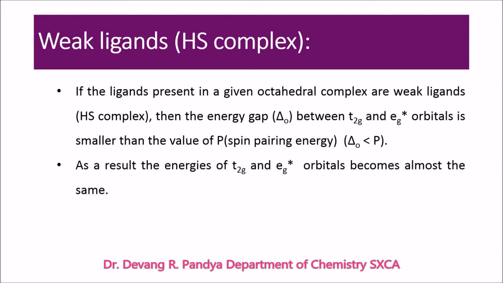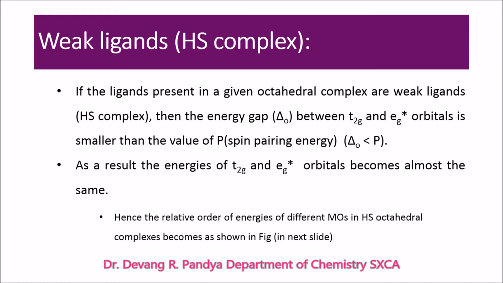As a result, the energy of t2g and Eg star orbitals becomes almost the same. It means there should be a very minor energy gap between this t2g and Eg star, and hence the electron can enter into the higher energy level, and instead of being paired up, they will try to remain unpaired, and as a result we're going to get a high spin complex.